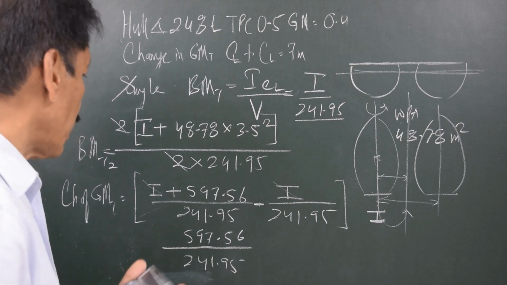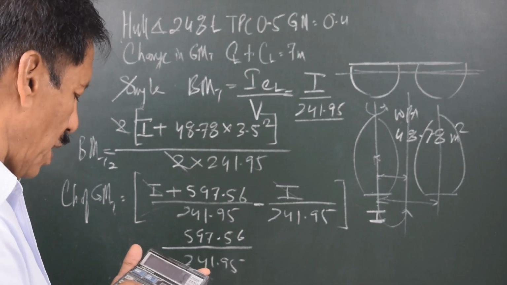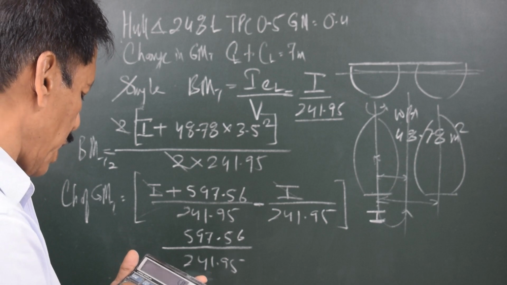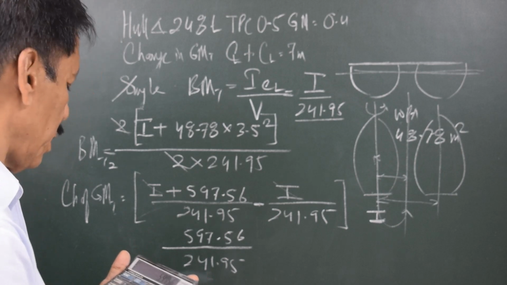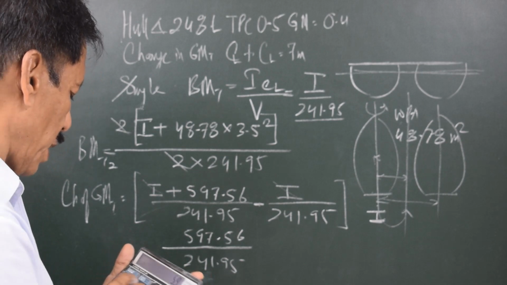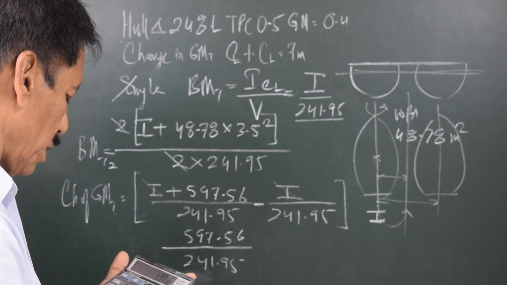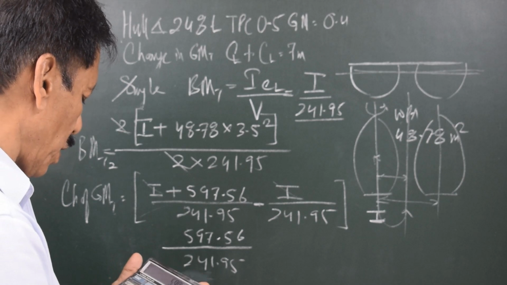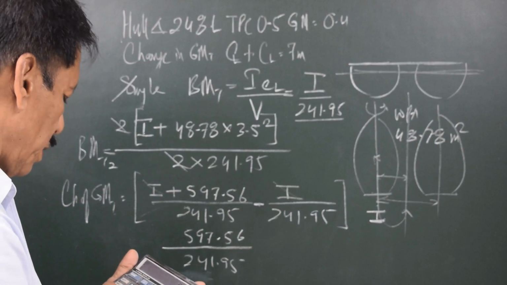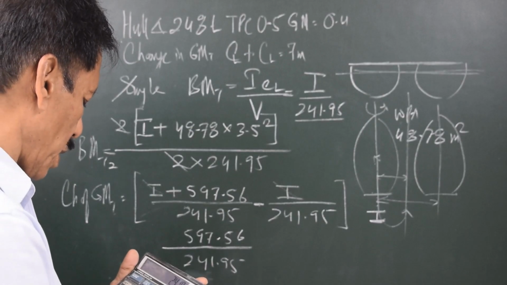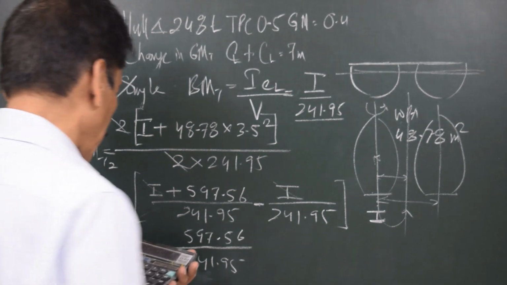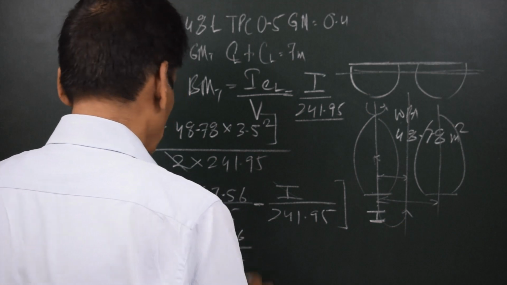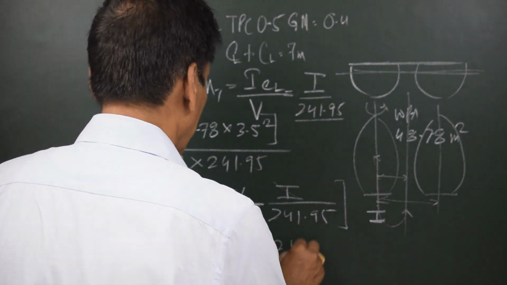So let us see how much it is. 597.56 divided by 241.95, 2.46 and 2.470. This is 2.470.